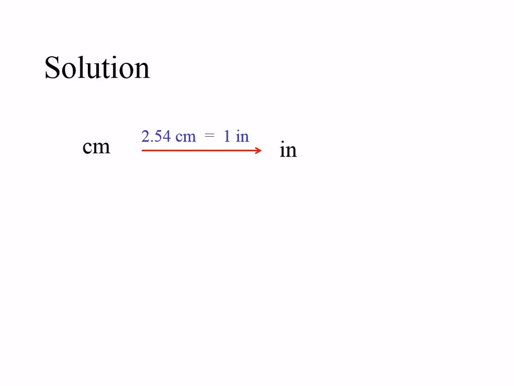Exactly. Because I don't like having to think too hard if I don't have to. All right, so what's the first term going to be? I think 5.52. Yep, I would do 5.52, no naked numbers, centimeters over 1. Yep.